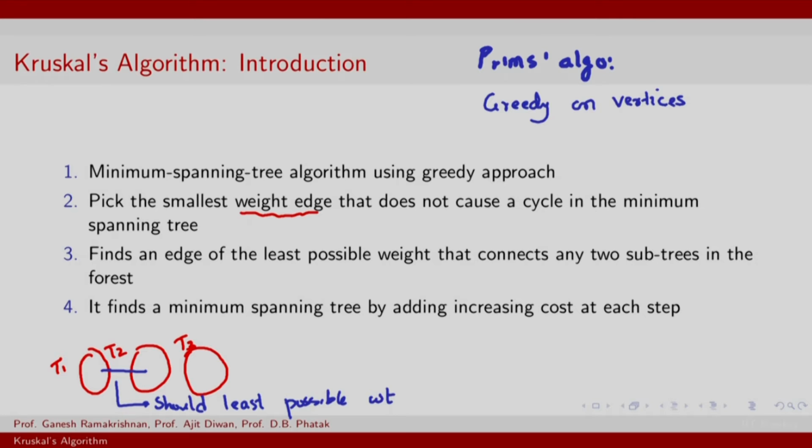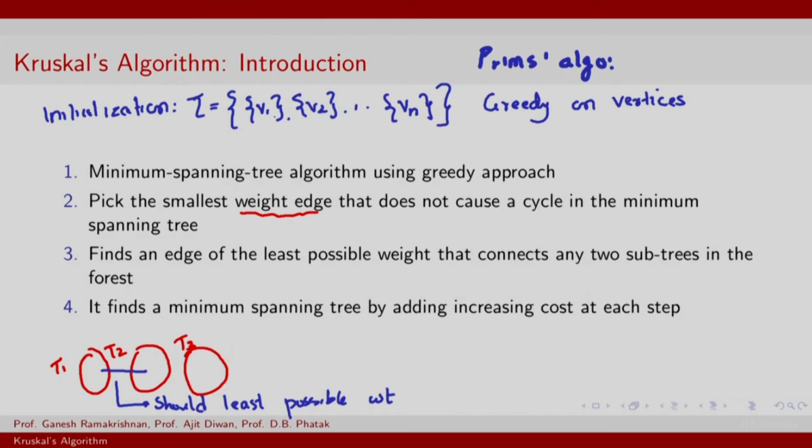So initialization is based on a forest which consists of singleton sets, each tree being a single node. Your set of trees T is vertex 1, vertex 2, up to vertex n. This is basically your forest. You have no edge added to begin with, and then you introduce edges.